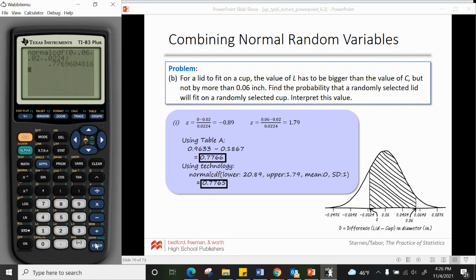All right, and I press enter, and I get 0.776, or 0.777 really. My rounding might be slightly different, depending on if you use 0.0224 or something slightly different. You could also change these into z-scores if you wanted to. If you have your calculator, there's not really a need to. Z-scores are nice to compare this distribution with another distribution, but we're not doing that here, so a z-score is not necessary.